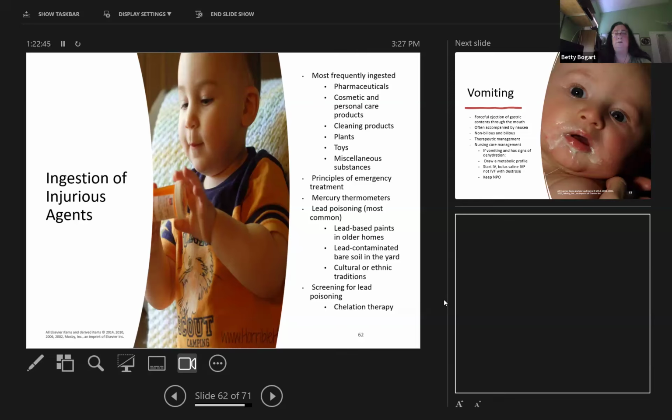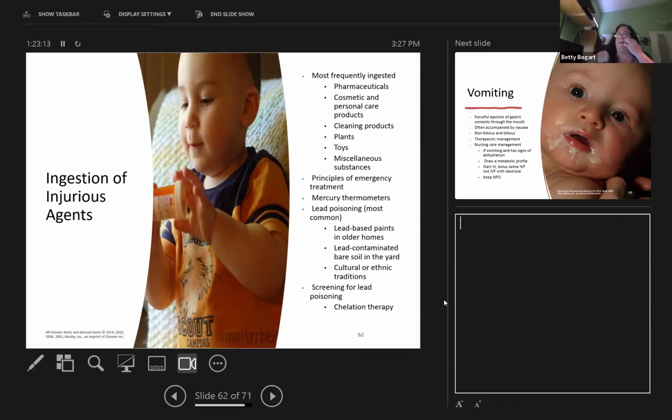We do not give Epicac. We do not induce vomiting. We call poison control before anything. So every parent should have the number of poison control. They will tell you what to do. If they say to do something now, like have them drink some milk, a piece of bread, or nothing, get to the closest ER as quick as you can, okay?